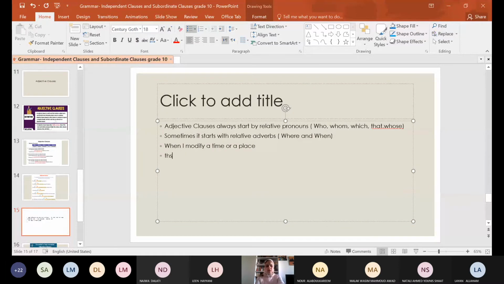So when I say, this is Alexandria, where I was born, where is an adverb. Because it tells me a place. It talks about a place, girls.